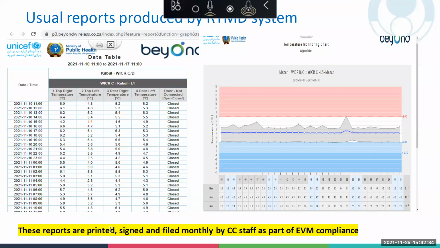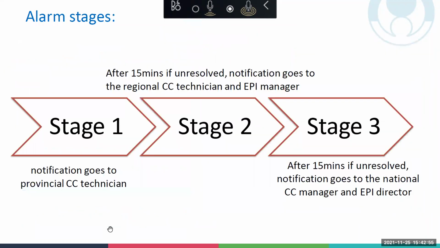On the left-hand side is a weekly report from one of the cold rooms in our Kabul station here. These reports are usually printed, signed, and filed appropriately by this dedicated staff as part of EVM compliance.